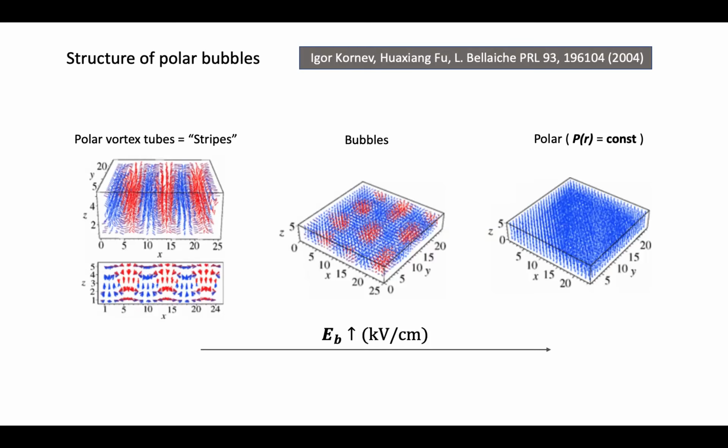In the same paper, they presented the first evidence of what we now call bubble domains, which appeared when a bias electric field was applied on those nanostripes. The dipoles were partially switching, thereby disconnecting the nanostripes and leading to spherical domain formations. Eventually, upon applying further field, the bubbles would also disappear, leading to a homogeneously polarized state.